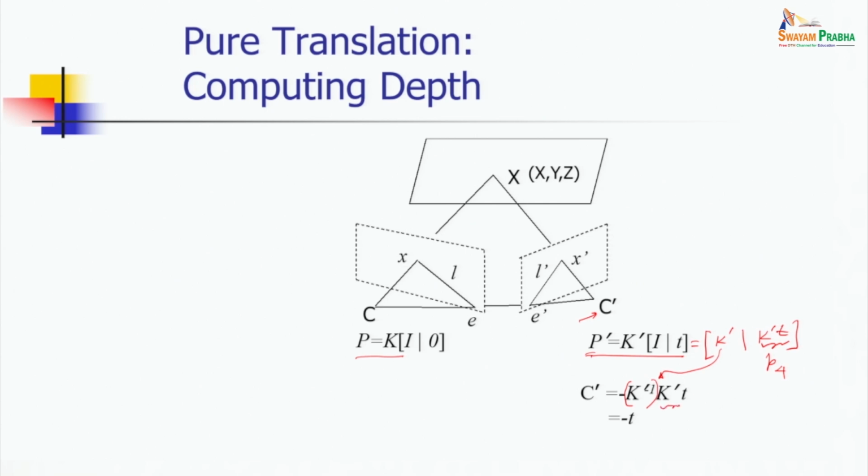Into this column vector, and when we perform further reduction, because this is the inverse of the same matrix, it reduces to minus T. So the center here, if I consider it along the x-axis, means it is a pure translation T. So the center C prime is denoted like this: minus Tx, 0.